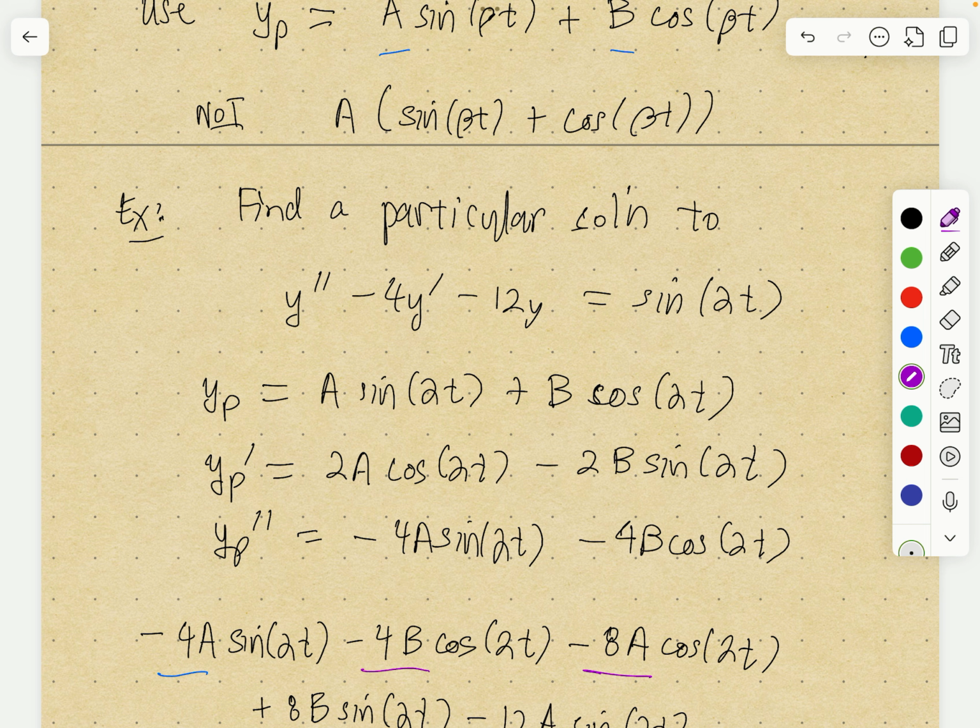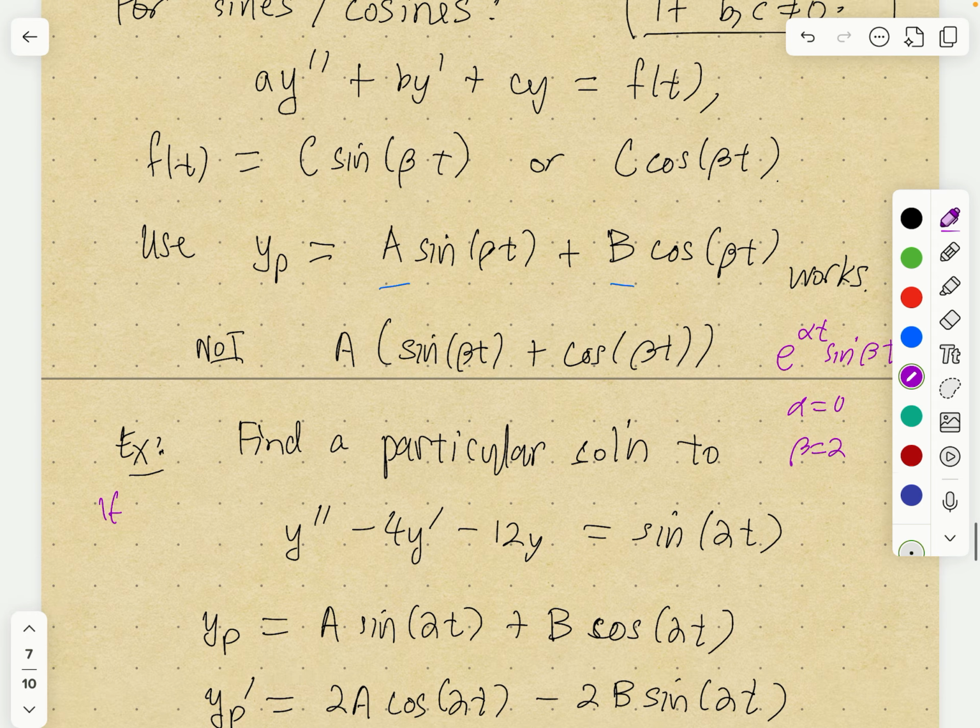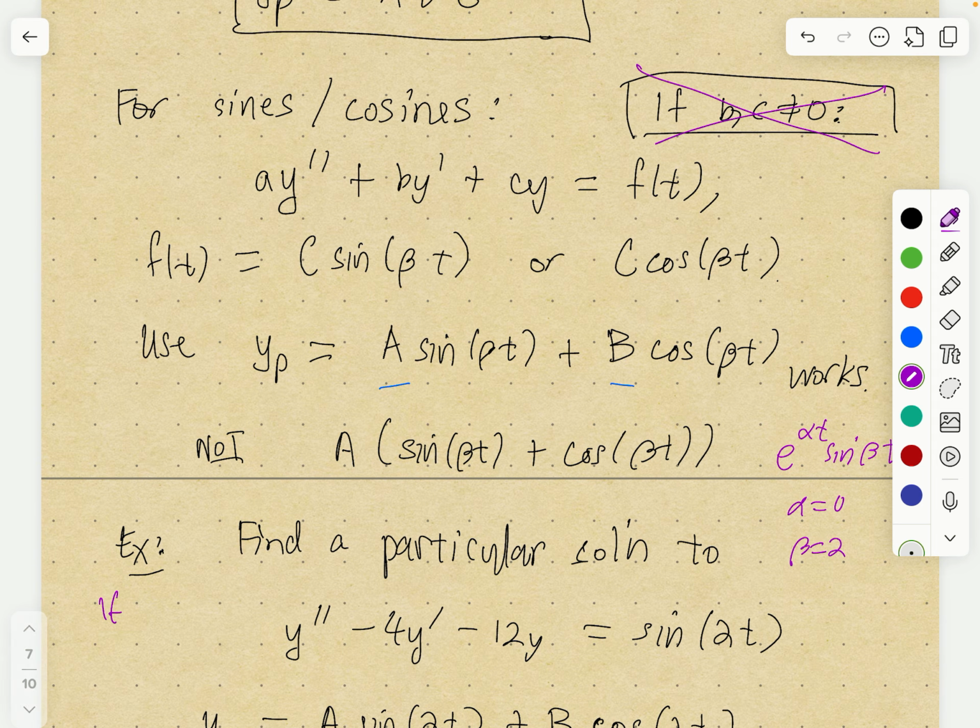See, remember it was like e to the alpha t sine of beta t. So here your alpha is 0 and your beta is 2. So basically, okay, let's just not pay attention to this.